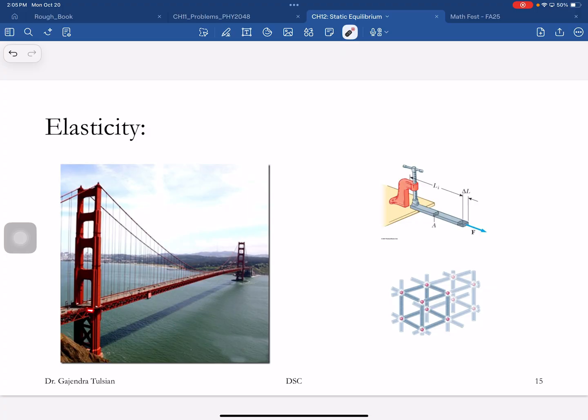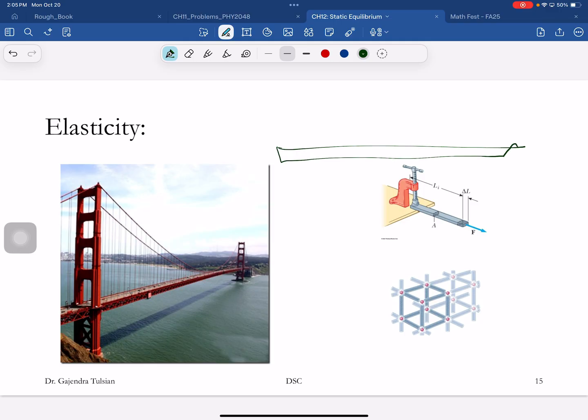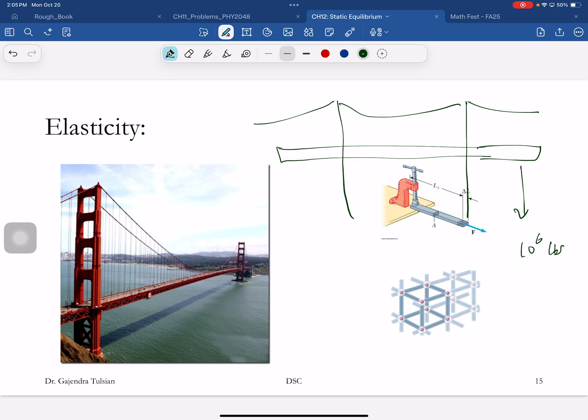All right, so here's the structure. Let's say there's the bridge. And I'm just going to make up some numbers. So let's say we have to support 1,000,000 pounds. Okay. So the bridge weighs 1,000,000 pounds.